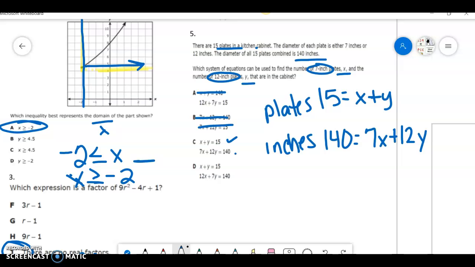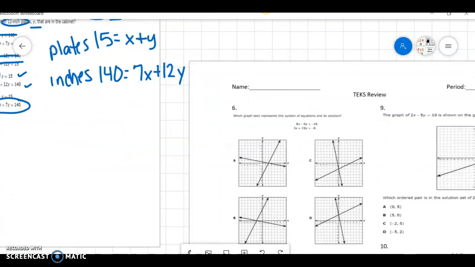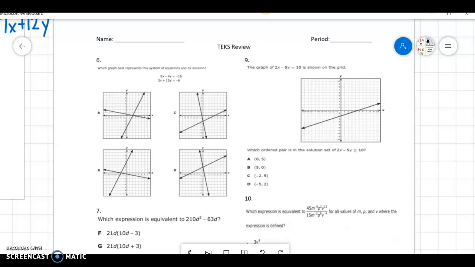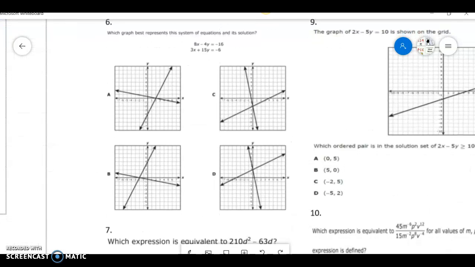This one works and this one works. Be careful here because the top one works, but the bottom one is backwards. So hopefully, remember, write your own, and then you can go through and you can choose the one that matches what you wrote. This one says you have a system.